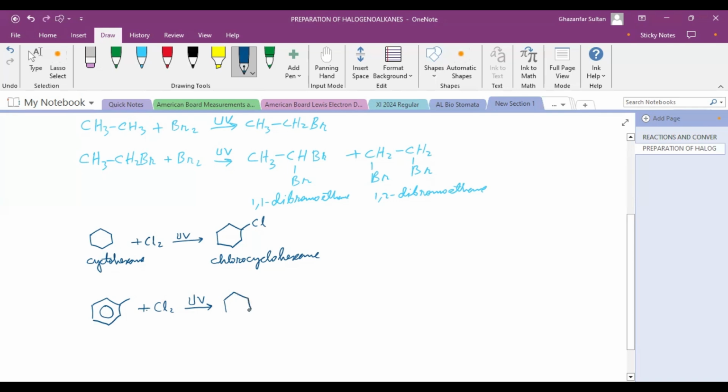So it produces chloromethyl benzene. It was methyl benzene, and it is chloromethyl benzene.